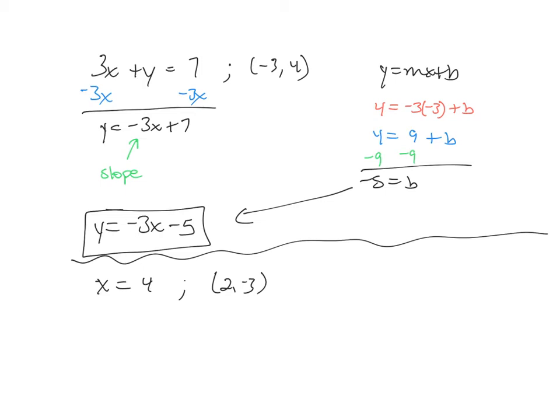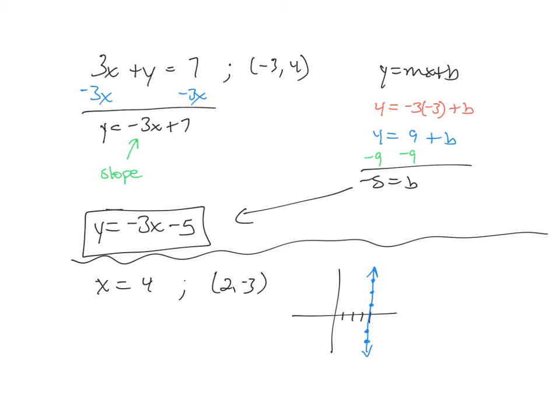So we have to understand, what does this x equal 4 line look like? It just means on the x-axis, if I went over to 4, the line looks like that. Because all the coordinates on this line, no matter where I put a point, the x part is going to be 4. 4, 1, 4, 2, 4, 3, 4, -1, 4, -2. It's always 4.